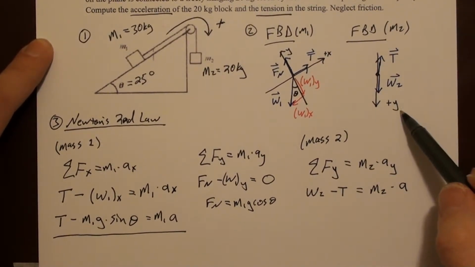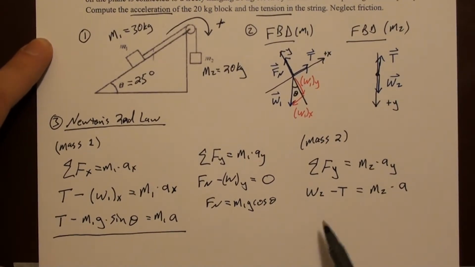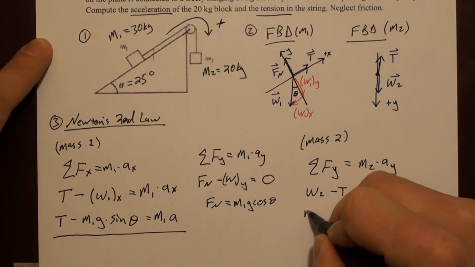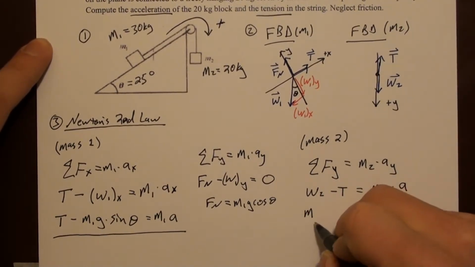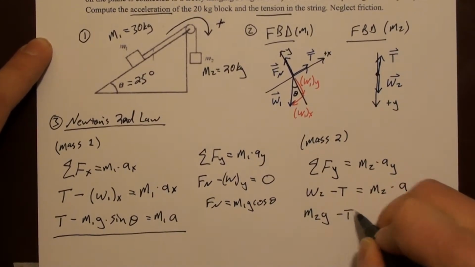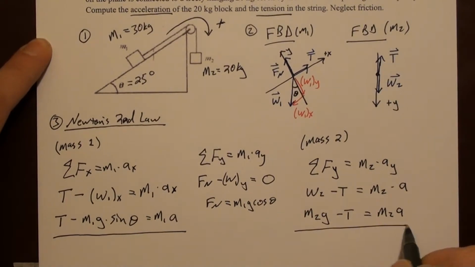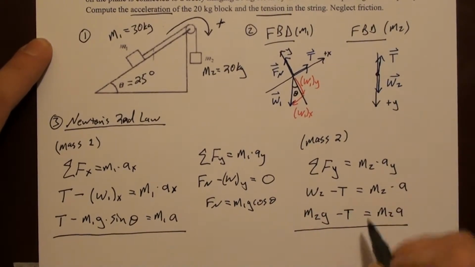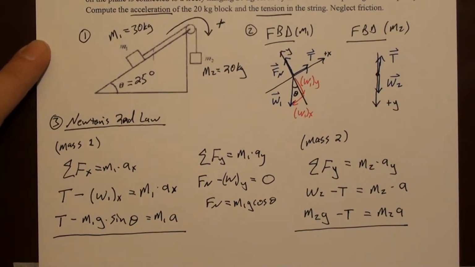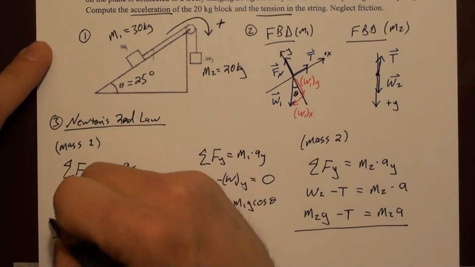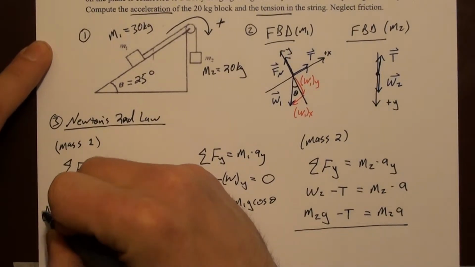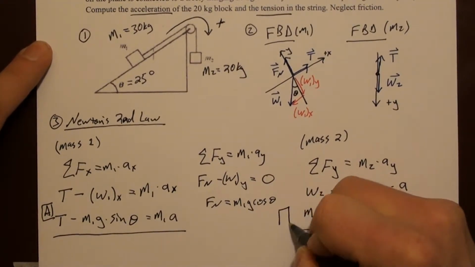Again, we call down positive, so we actually are including the weight as a positive value here. So I'll write one more line. We call this m2g minus T equals m2a. So there are two unknowns again. We've got tension and acceleration. And we've got two equations and two unknowns, so we should be able to solve this. So I'll label these as equation A and equation B.